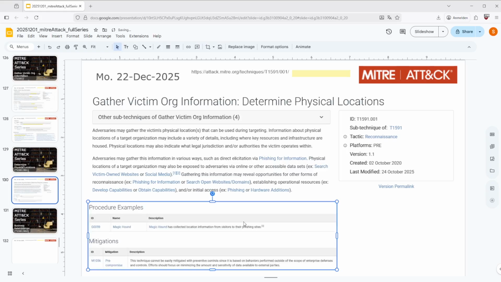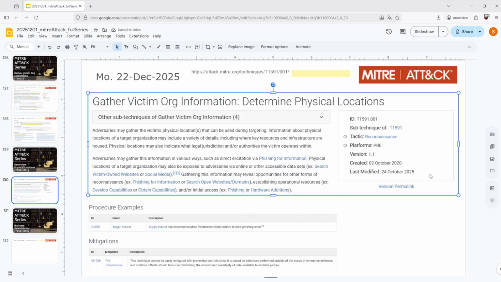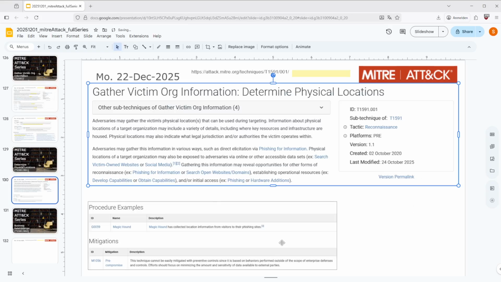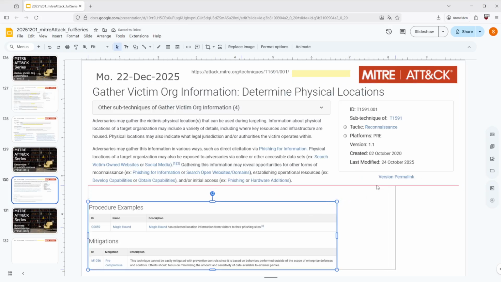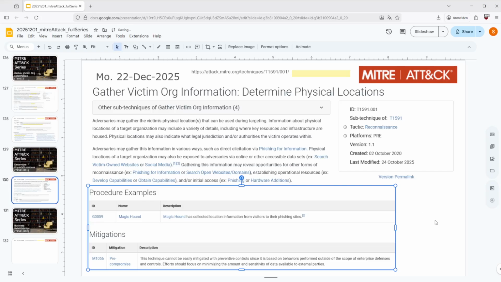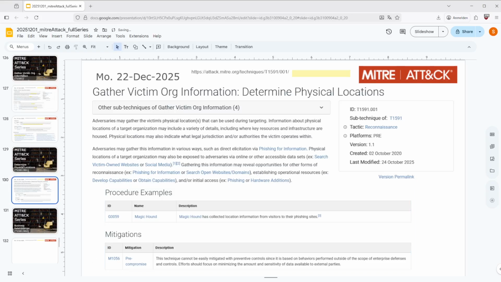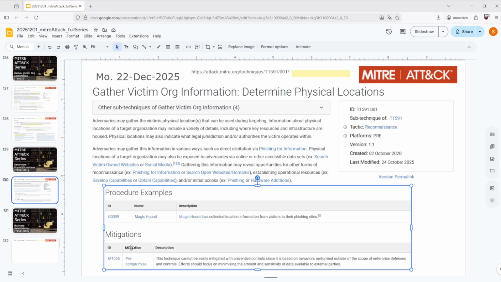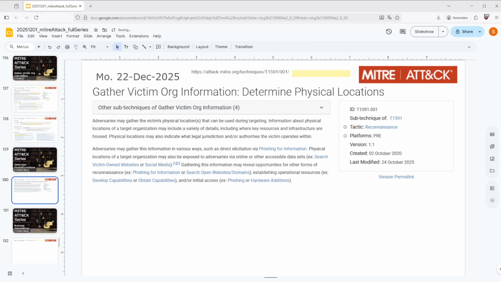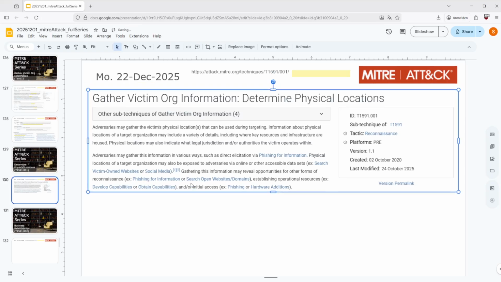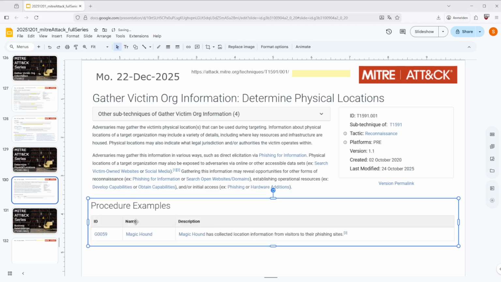As you might expect, it is somewhat similar to the last video that we had when it comes to procedure examples, mitigation and detection strategy. I don't like to have the mitigation on another page than the detection, so let's have it like this.